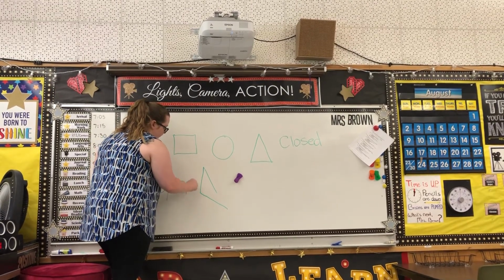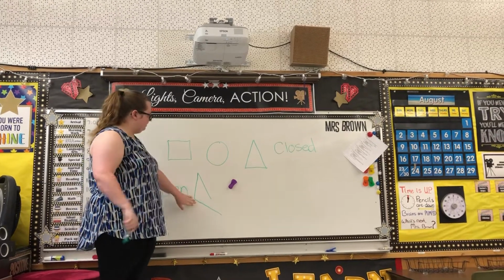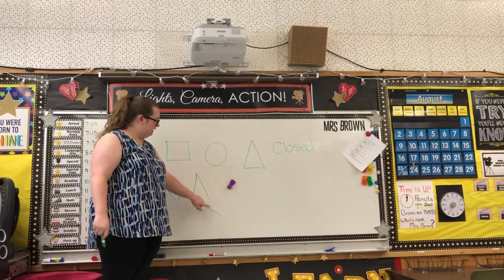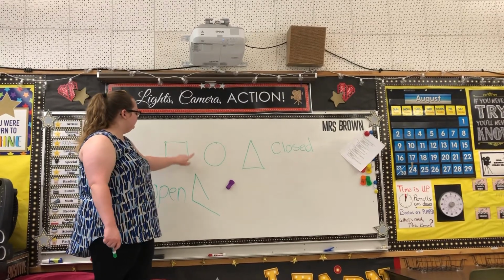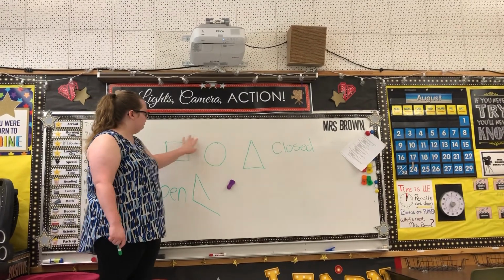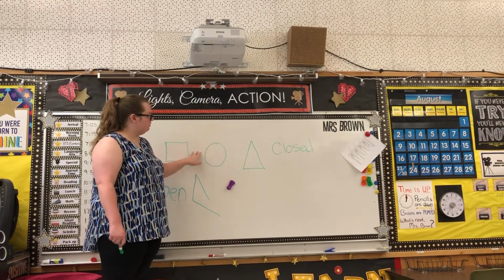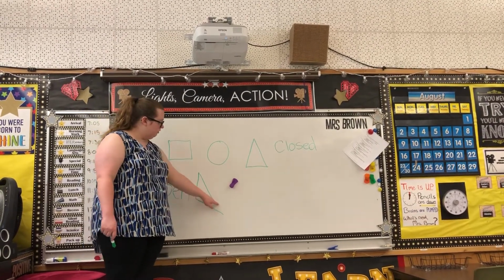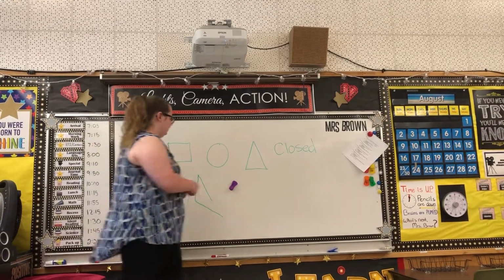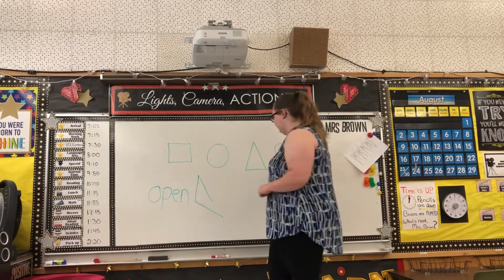So our open shapes aren't all connected. So you see our closed ones, everything is connected. Everything's connected. There's no holes. But in our open shapes, there's a hole. It's not all connected.